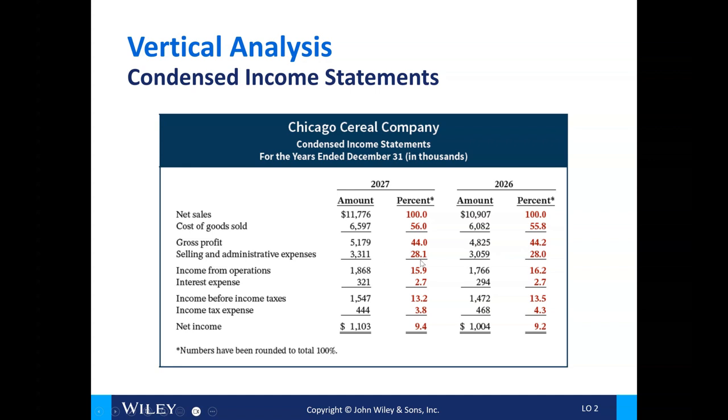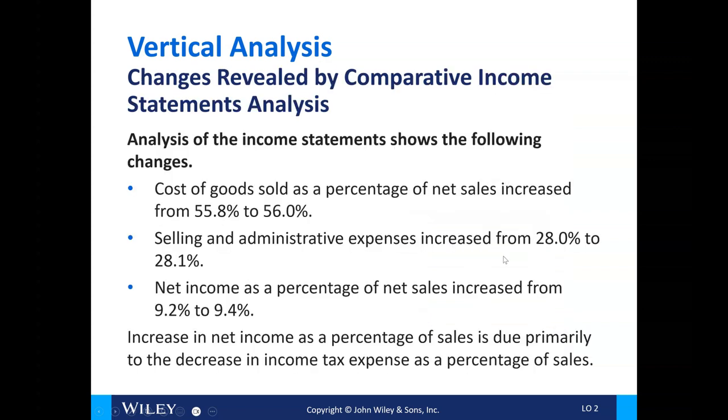SG&A, pretty much right on track. Okay, so we had increased sales and we maintained the same SG&A, selling and administrative expenses. Bottom line is we kept 9.4 cents for every dollar of sales versus last year 9.2 cents. That's better than the other way.